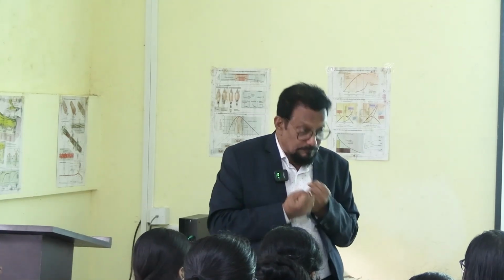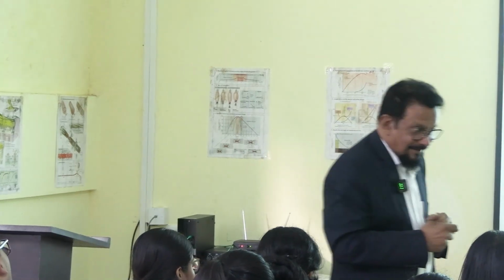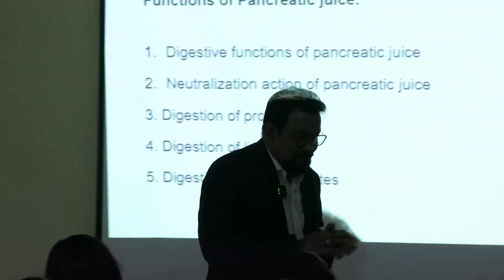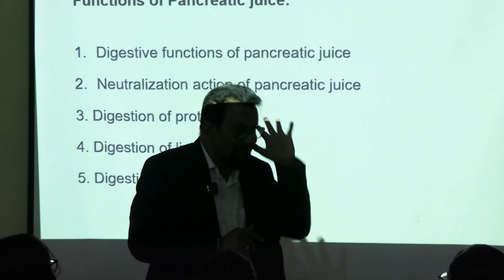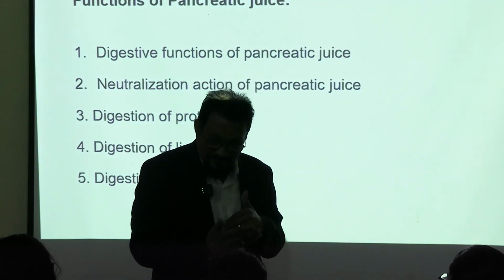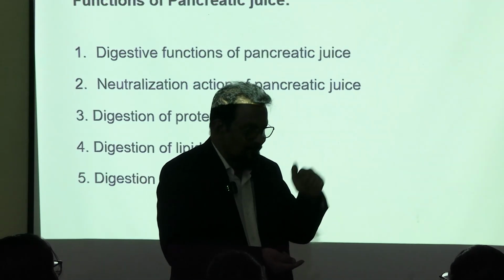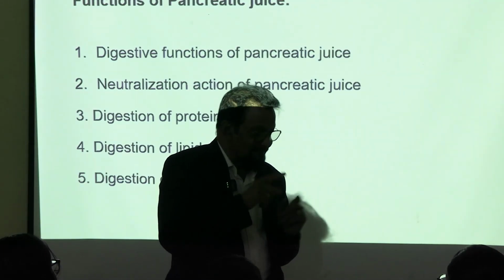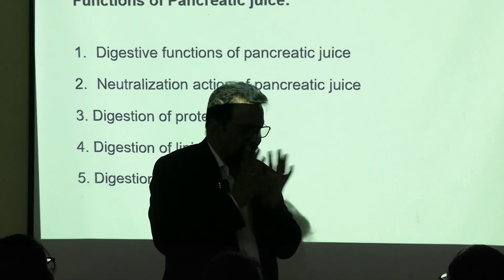Now I need glucose, means I need breakdown of glycogen into glucose. So who can do it? Glucagon can do it. So hypoglycemia will stimulate alpha cells, it will produce glucagon, go to liver and it will stimulate the hepatocytes.